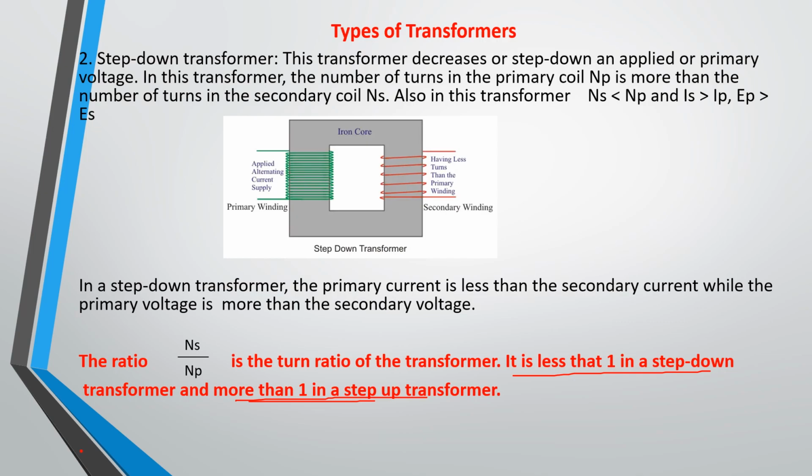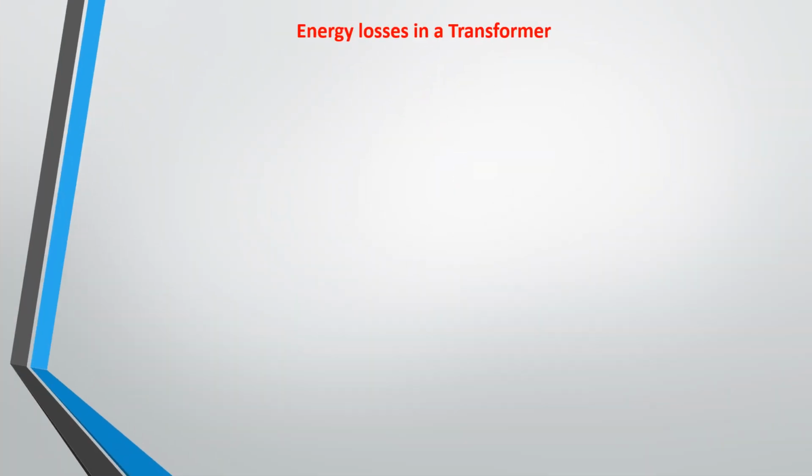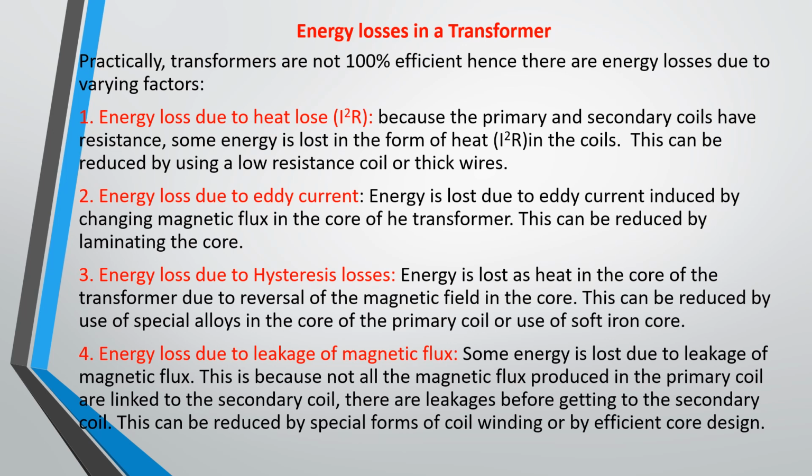Now, because the transformer is not 100% efficient, there are energy losses, and they arise from different factors. One of them is energy loss due to heat.